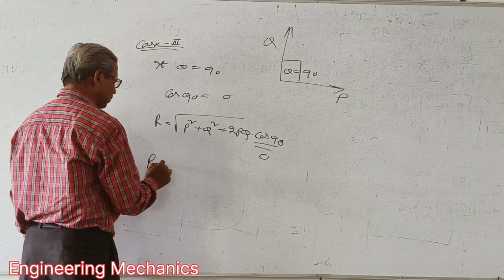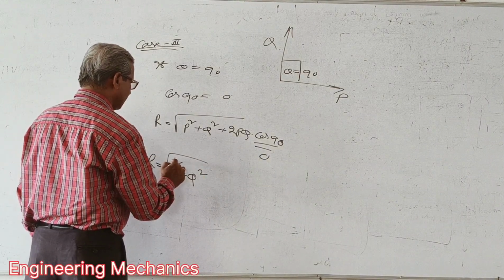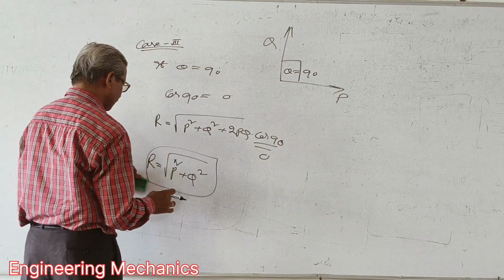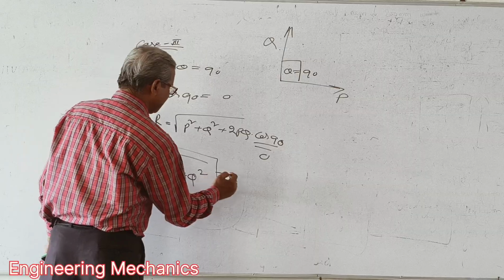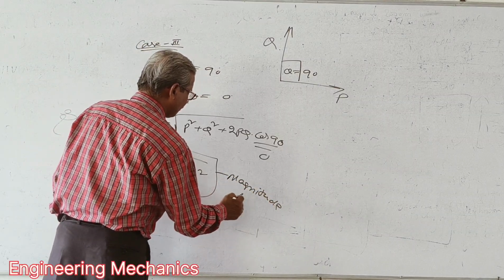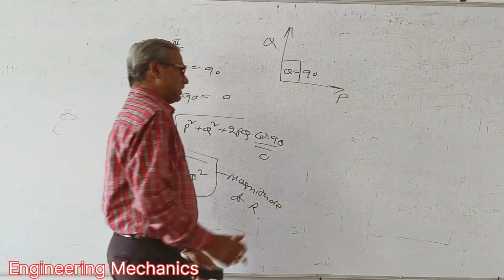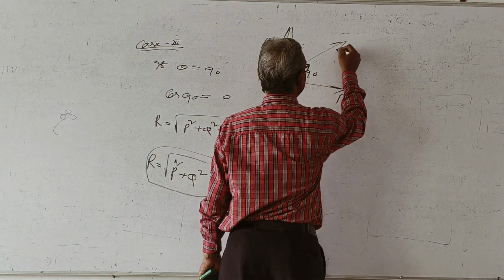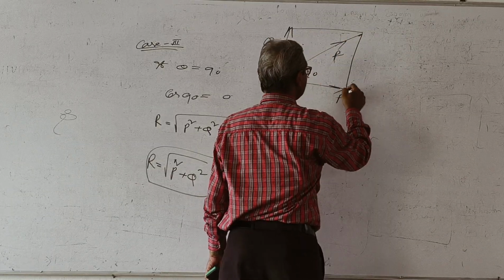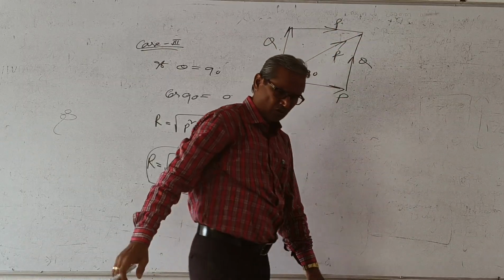So R is equal to root over P square plus Q square plus 2PQ cos 90, this is 0. So R is equal to root over P square plus Q square. This is the magnitude of the resultant R, this is Q, this is P.